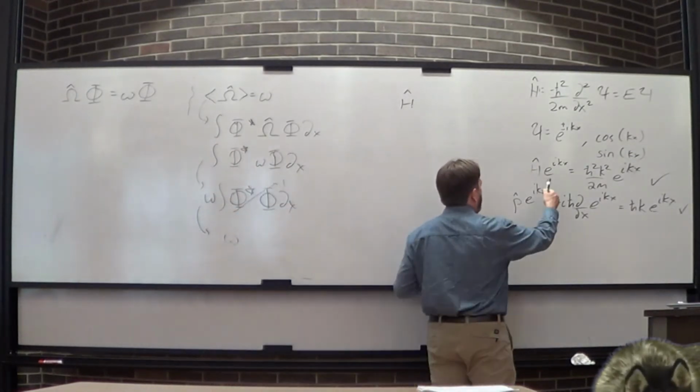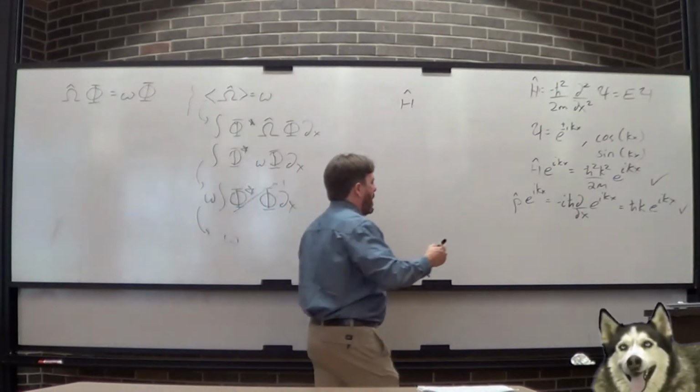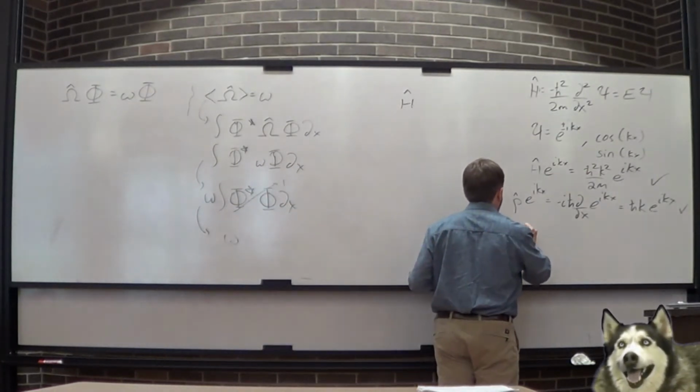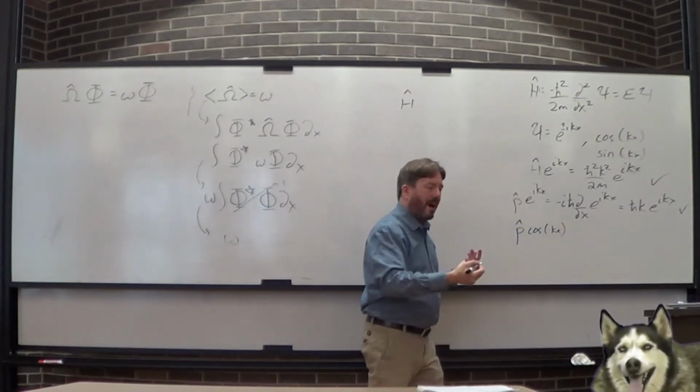Okay, I just want to point out, if you did cosine here for the Hamiltonian, you get the same answer. But if you do this for momentum, you've got yourself a problem. Uh-oh.